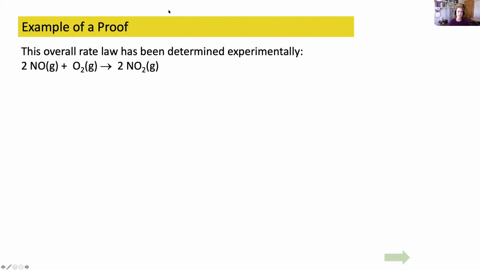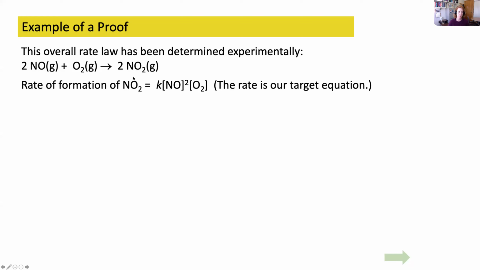So let's talk about an example of a proof. This overall rate law has been determined experimentally. 2 molecules of NO plus 1 molecule of oxygen go to 2 molecules of NO2. The rate of formation of NO2, so this is the rate that has been experimentally determined, is a rate constant times NO squared times oxygen.